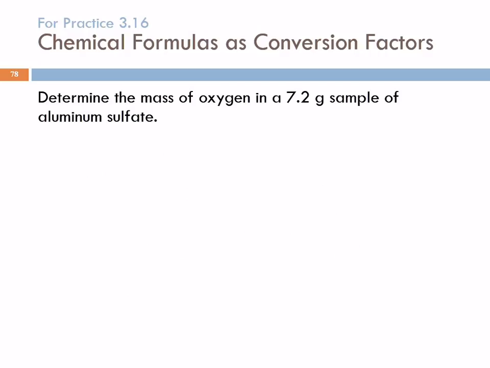It's just not possible. Let's do an example. Determine the mass of oxygen in a 7.2 gram sample of aluminum sulfate. So we write the number down. 7.2 grams of aluminum sulfate. Okay, aluminum sulfate, what's that?